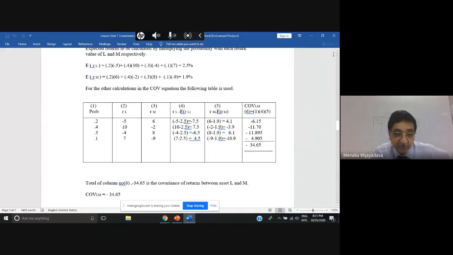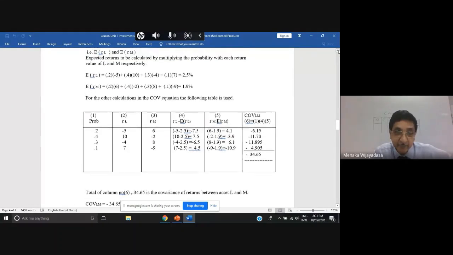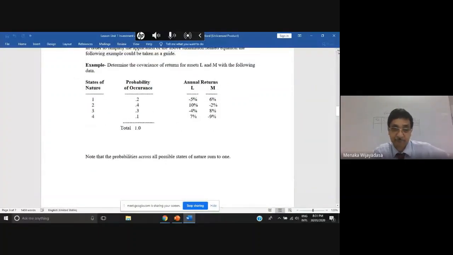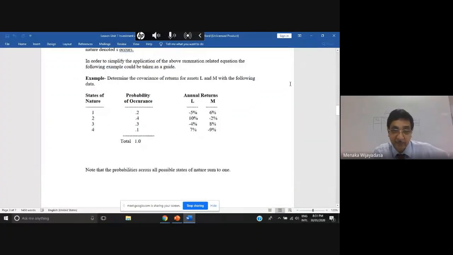Now the way of calculating the covariance is given here. This schedule is prepared on this. This is the example. Probabilities of occurrences are given, respective returns are given.